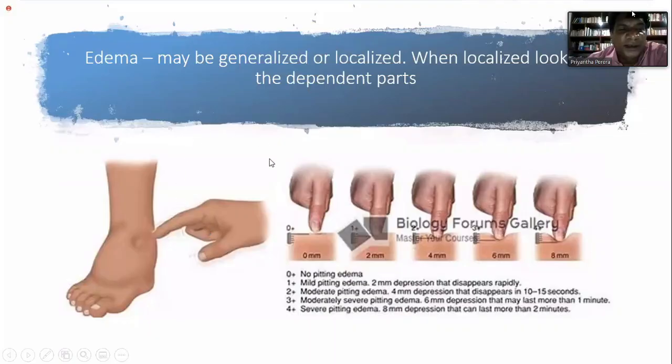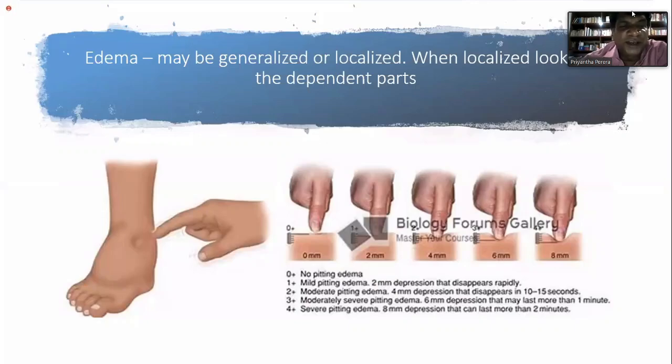So a patient may have generalized edema, like in nephrotic syndrome or liver failure, but it may be localized to a particular part of the body only, right? And then it will be seen in the dependent parts due to gravity, like the feet in a person who is standing, or over the sacrum in a person who is lying down, right?